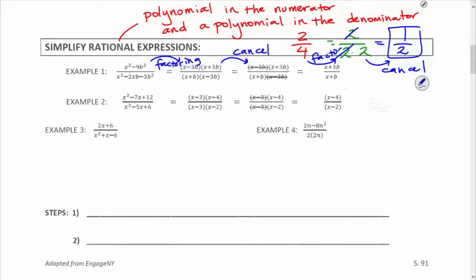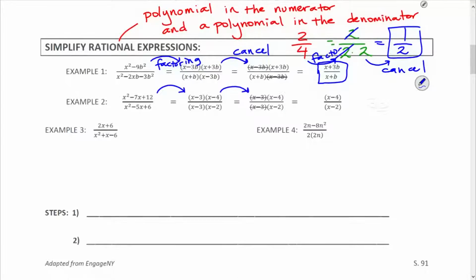In this case, it was x minus 3 in top and bottom. Again, just like with fractions, one must be in top, one must be in bottom, and then we rewrote it so it has just those things. In example 2, we did the exact same thing. We factored, and then we canceled, and we rewrote it with just the things that are left.